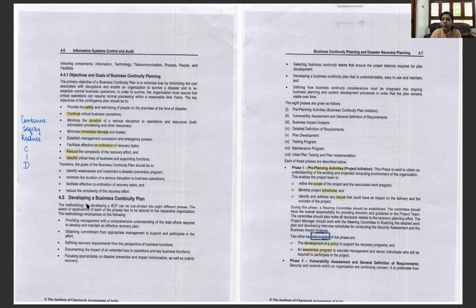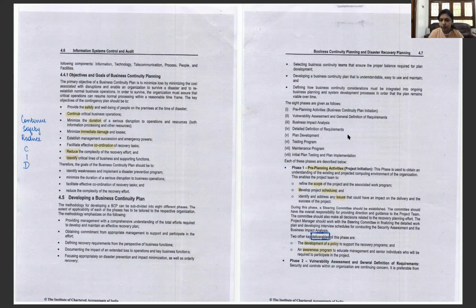Next, we are going to an important part of this entire chapter, developing a business continuity plan. Here we have 8 phases, which is the process through which we can develop the business continuity plan. What are those phases and what are the deliverables we are going to take from each phase, we are going to be seeing in detail.